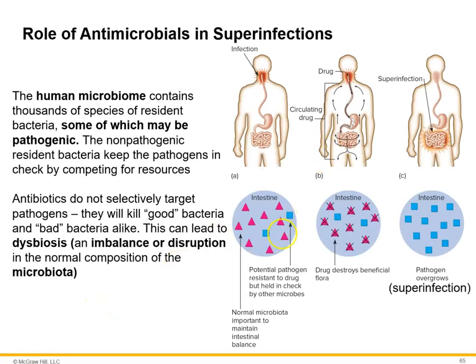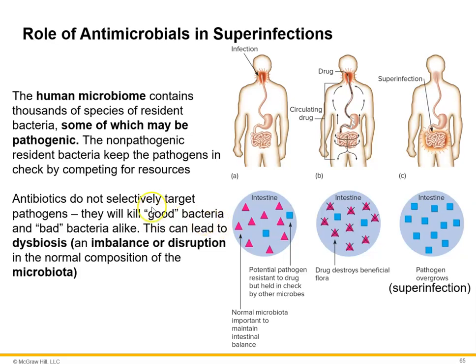Here is an example of a superinfection. One thing to know is that in the normal microbiome, most of these are going to be non-pathogens. However, it is totally normal for people to have a few pathogens that colonize them. They are kept in check by the non-pathogenic bacteria.